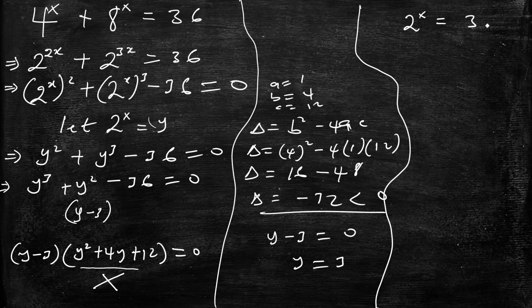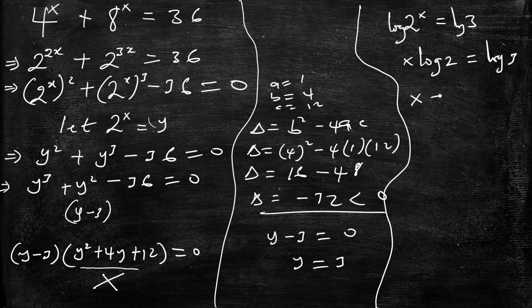Since we can't express this as a base and a power, we need to take log on both sides. So log, this one is a power, so we have x log 2 equals log 3.